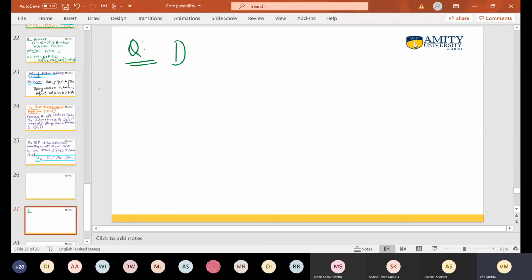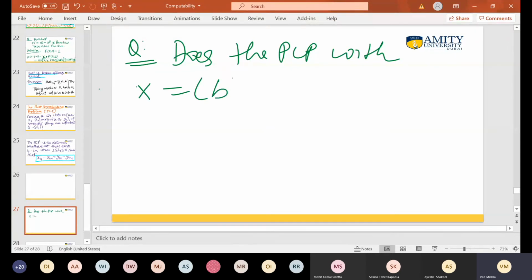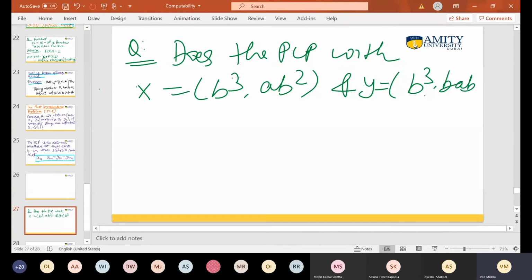Does the PCP with x equal to b cube ab square and y equal to b cube bab cube have a solution?